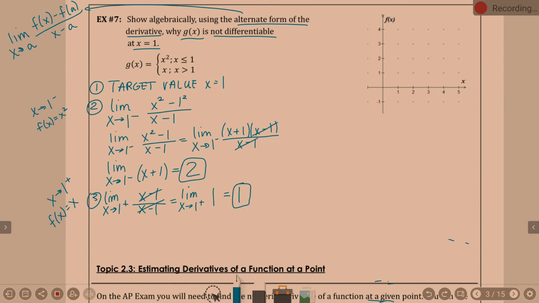The limit as x approaches 1 from the left of g prime of x does not equal the limit as x approaches 1 from the right of g prime of x. That's your algebraic part, okay? Now, graph, they gave us a graph to actually graph.